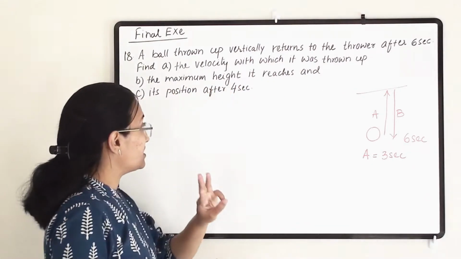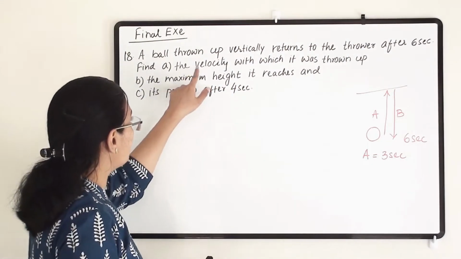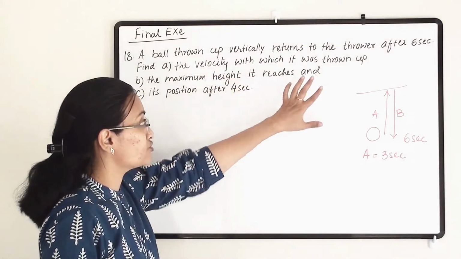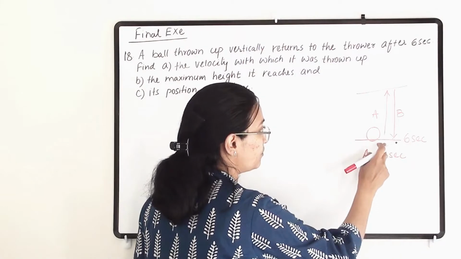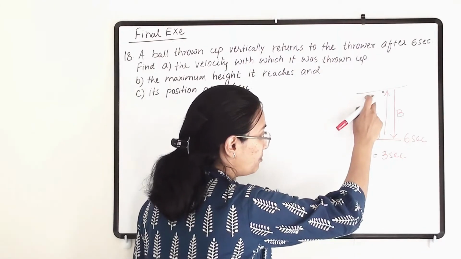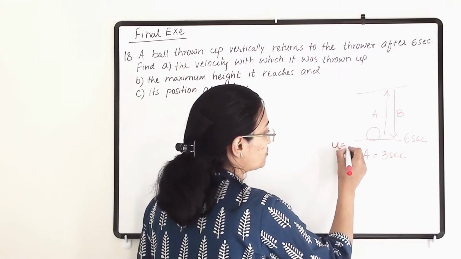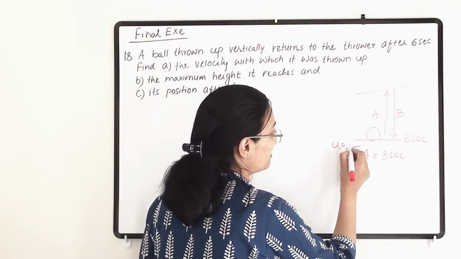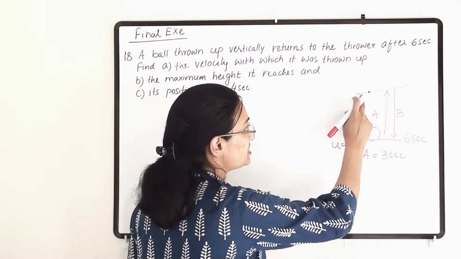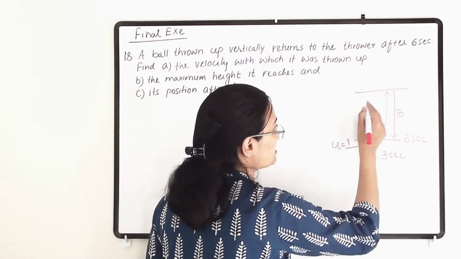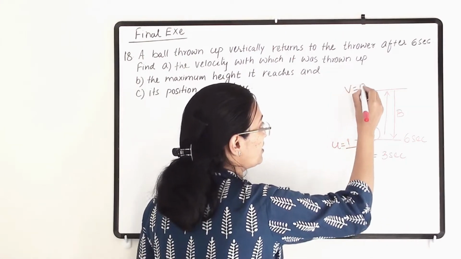Now we have to find out three things. First thing is the velocity with which it was thrown up. So here two velocities will be there. When it is going up, that velocity is going to be u, and that we have to find out. Initial velocity we have to find out. But once it is reaching the top, its final velocity is going to be 0.